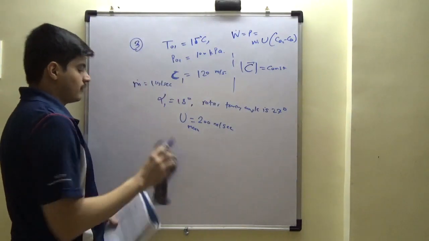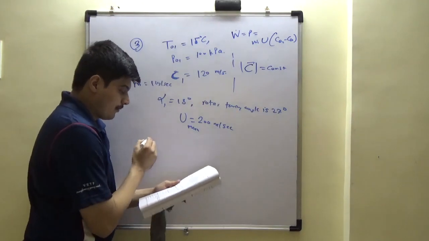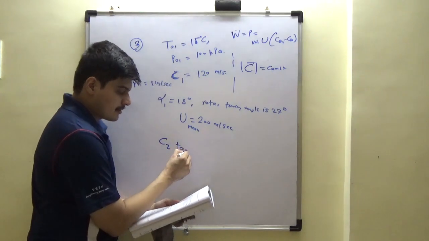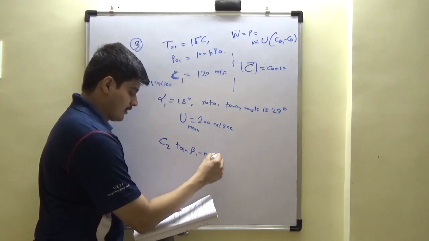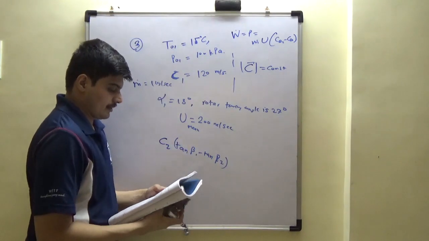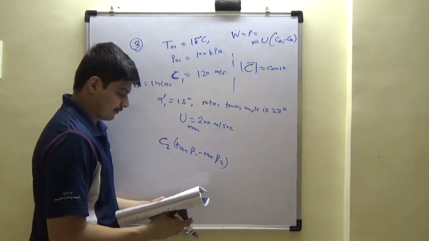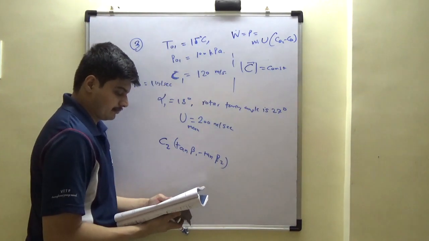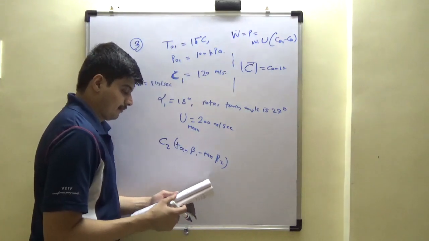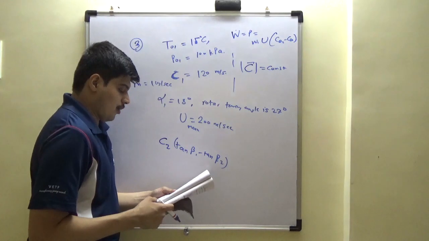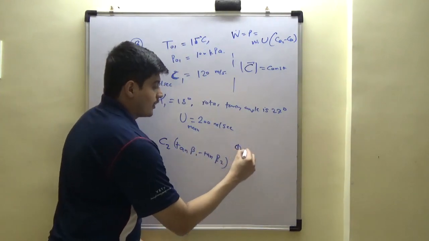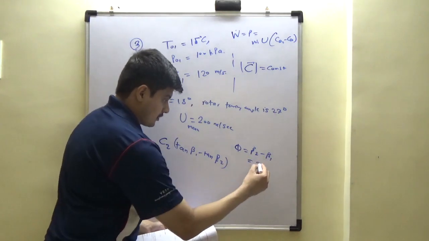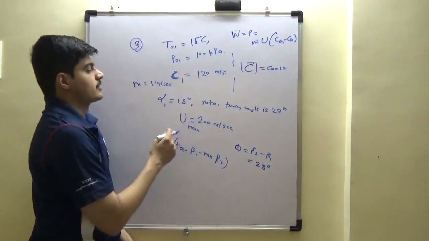Now the absolute component is given. I also know that this c theta 2 minus c theta 1 can be written as Cz into tan beta 1 minus tan beta 2. I also know phi, which is beta 1 minus beta 2, is 28 degrees.